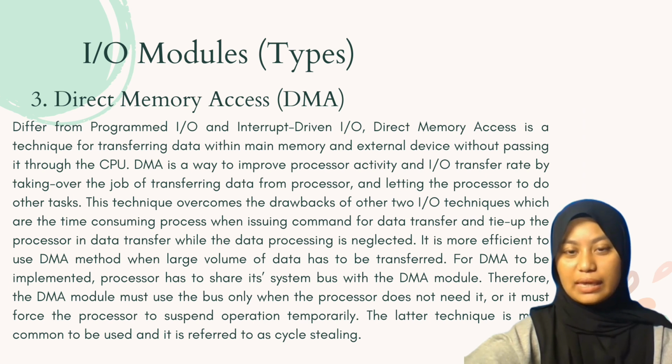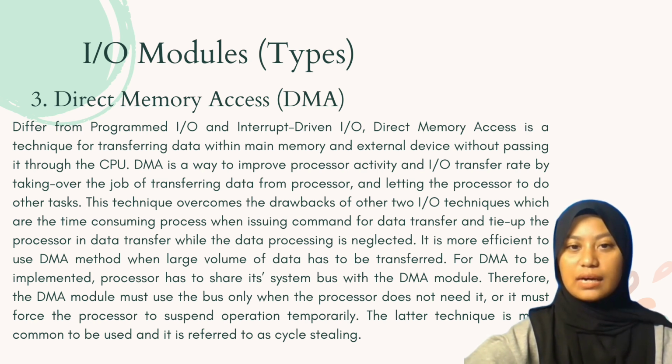Direct memory access, or we call it DMA. Different from programmed I/O and interrupt driven I/O. Direct memory access is a technique for transferring data between main memory and external device without passing it through the CPU. DMA is a way to improve processor activities and I/O transfer rate by taking over the jobs of transferring data from processor and letting the processor do other tasks.